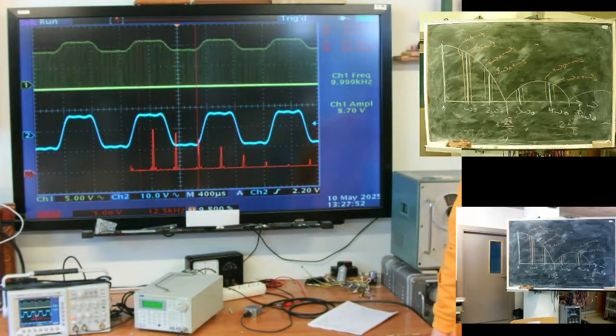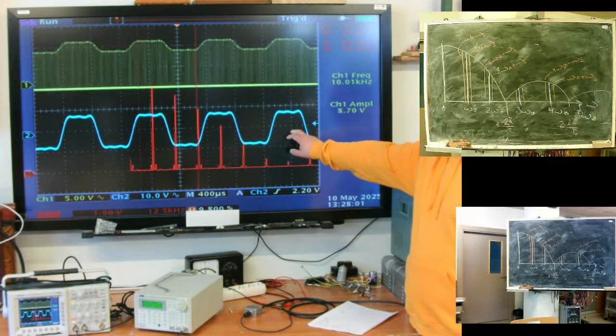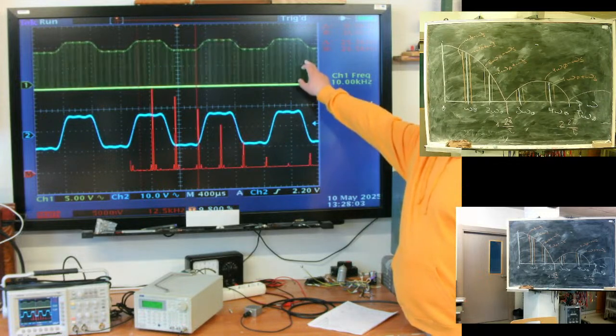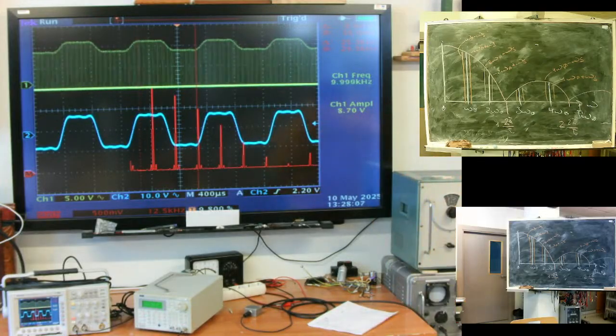So what we see? We see spectrum of this modulating signal. I'm transferring this with pulse sequence, using it as key to amplitude. And I got its spectrum around each line of carrier spectrum.